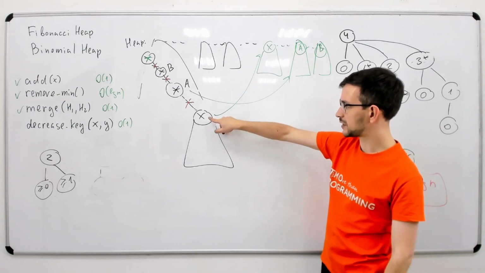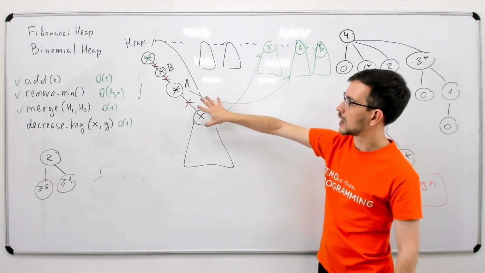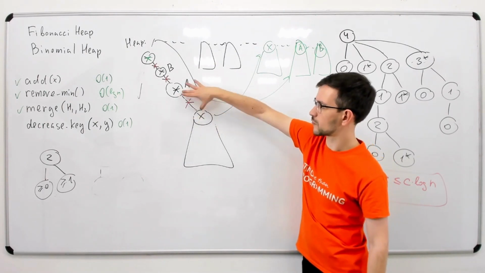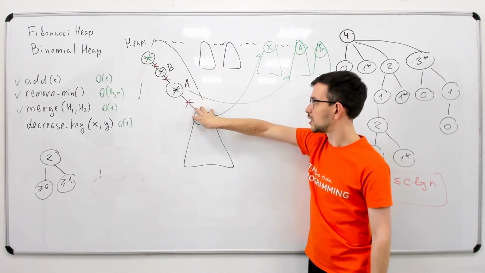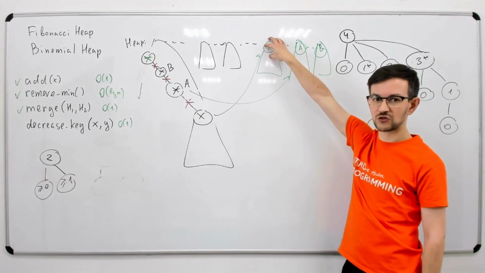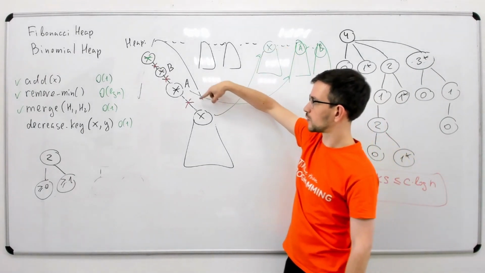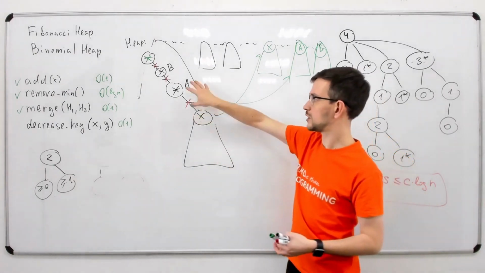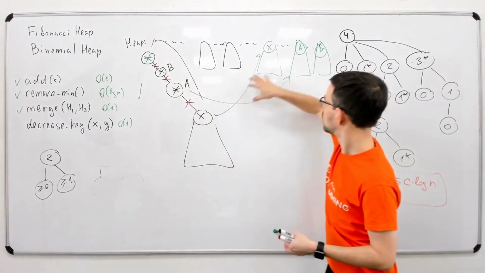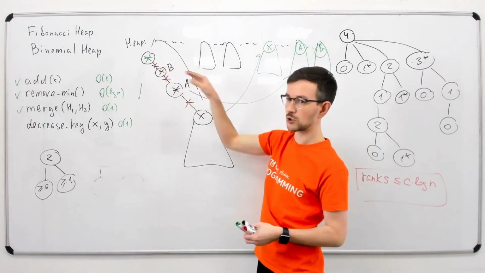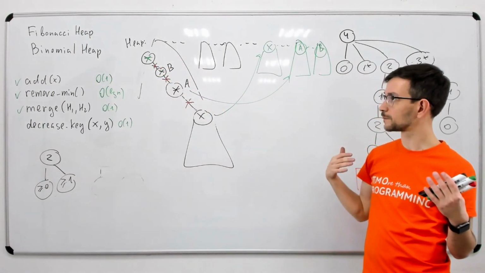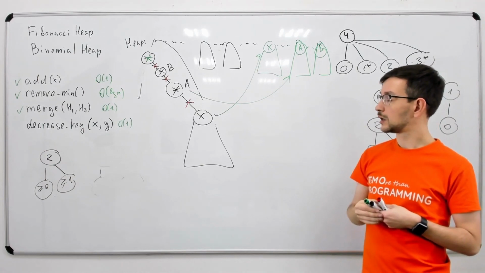You take the element, remove it from its parent's children list, and move it as a separate tree to the root list. Go to the parent. If the parent has a mark, then we detach it from its parent and move it here. Then also the same, and so on. That's all.